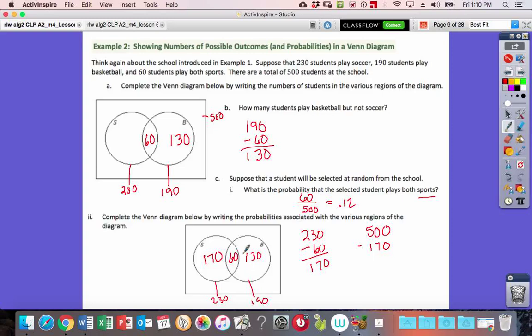And then this one I think I'll do 190. Or you could think of it as minus 60 minus 130. Okay, and I'm going to get 140. So now I can put it inside the rectangle as 140. Okay.